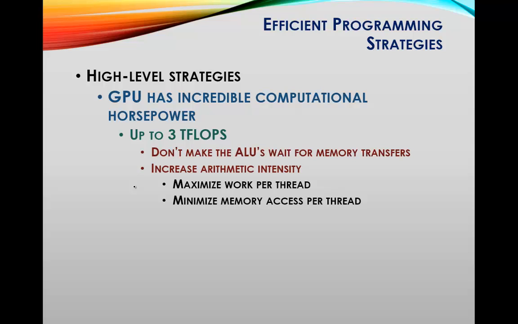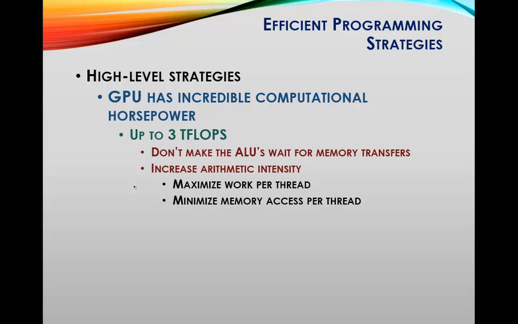Although you can do that, it does not really utilize the computational power that you can use from your GPU. So you want each thread to perform as much work as possible. But you also want to make sure that increasing the work per thread does not adversely impact the performance. The second part of increasing your arithmetic intensity is to minimize memory accesses per thread.